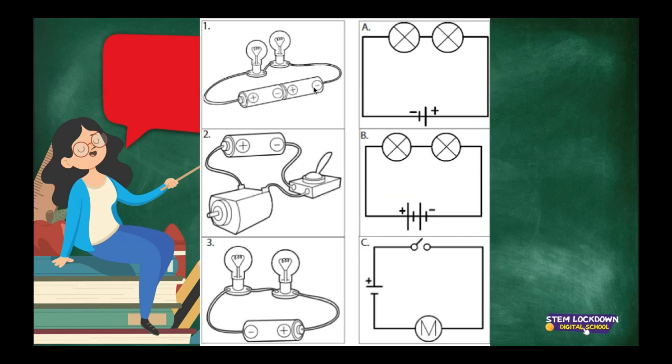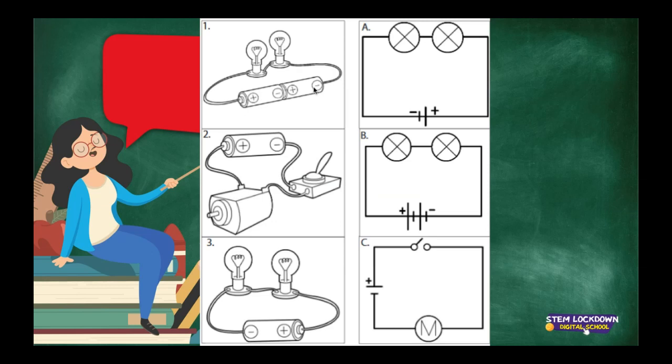Let's look at number 1. By my understanding, number 1 has 2 light bulbs, a wire, and 2 batteries. Make sure that you are looking at where the positive is and where the negative is of the battery to identify the correct scientific drawing.